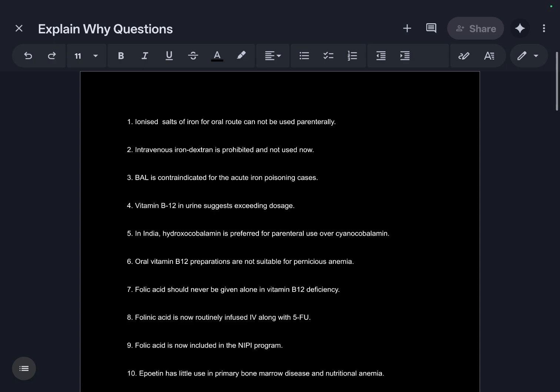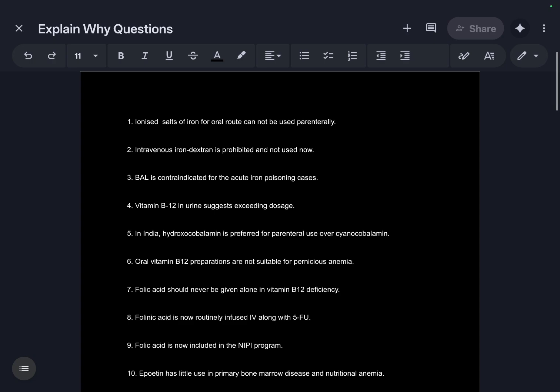That is masked, because we will think that the megaloblastic anemia has been corrected. So the picture looks normal, but the underlying vitamin B12 deficiency is masked. That leads to progression of the neurological lesions, and it can become irreversible. That's why it is not given alone. It is given along with vitamin B12 in vitamin B12 deficiency.